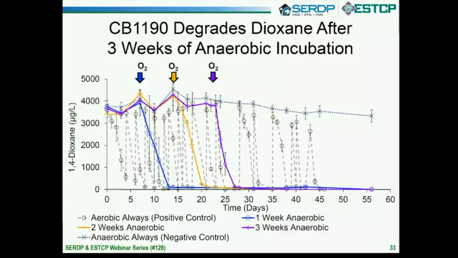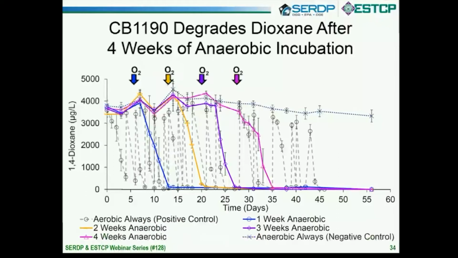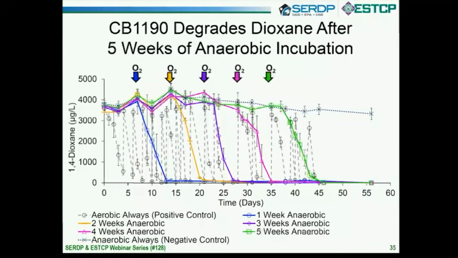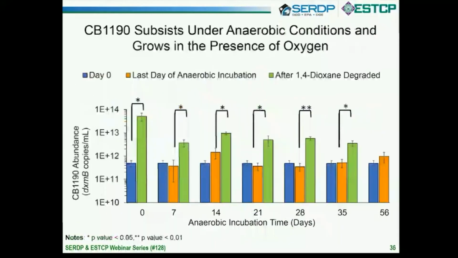The degradation rates, the slopes, are about the same, if not better, after anaerobic incubations. 4 weeks, 5 weeks. So up to 5 weeks of anaerobic incubation, oxygen slugs added, dioxane is happily degraded to below detection. And the biomarker data corroborates what we are seeing here.